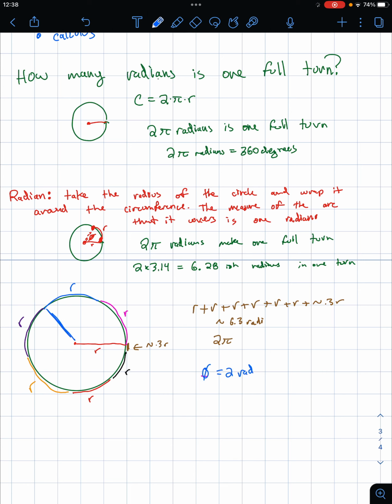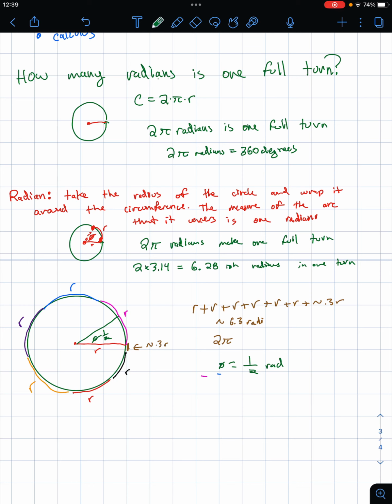It's describing the angle here. It's saying we take 2 radii, wrap around the circle, and that's how far we make it. And if I said maybe that theta was 1/2 a radian, well, then that would mean I get halfway there. And there's my theta of 1/2 of a radian.